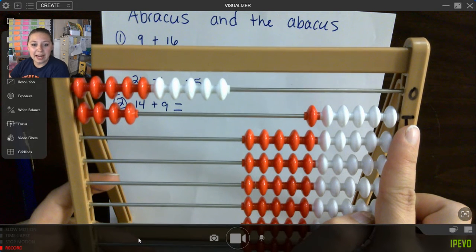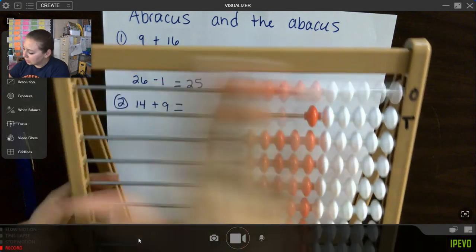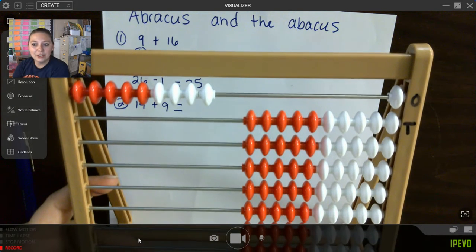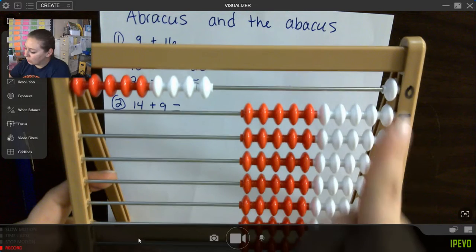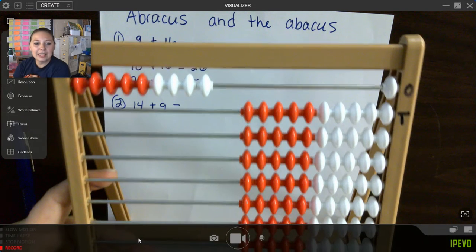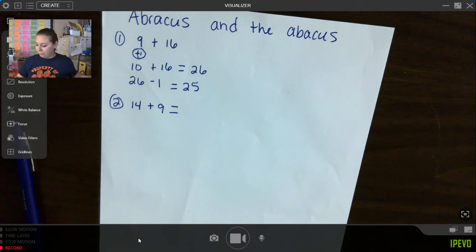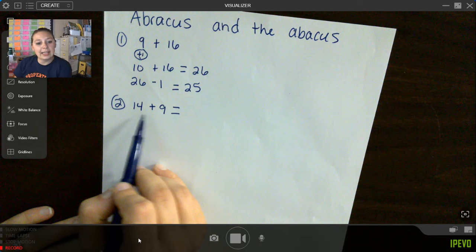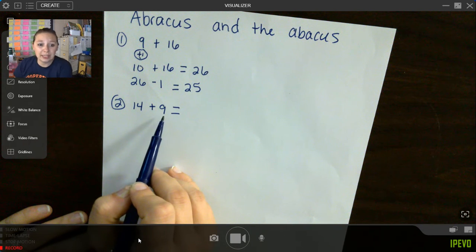So what I think that I might do instead is look at the number 9. Abracus could change 9 because he'd only have to add 1 more, right? So instead of changing the first number like we did last time, let's change the second number because it's very close to a friendly number.